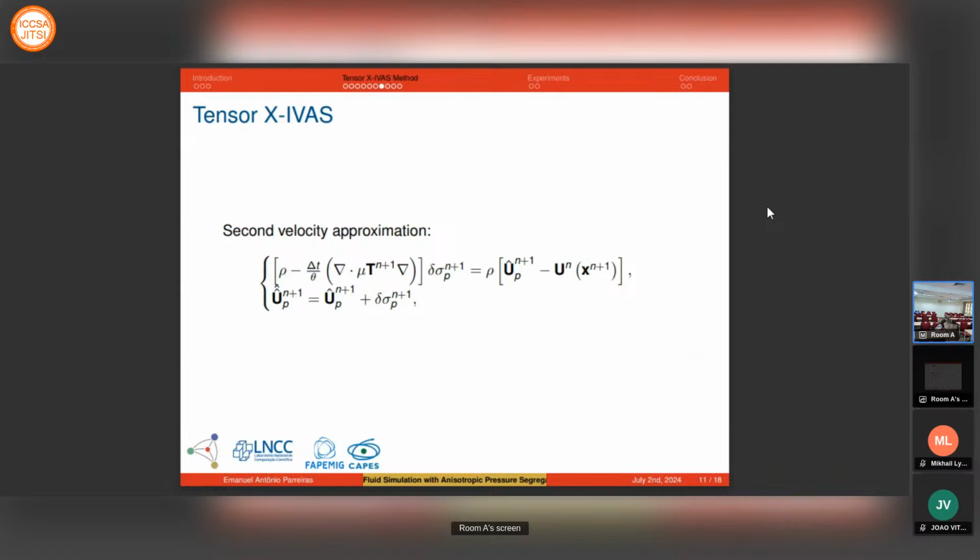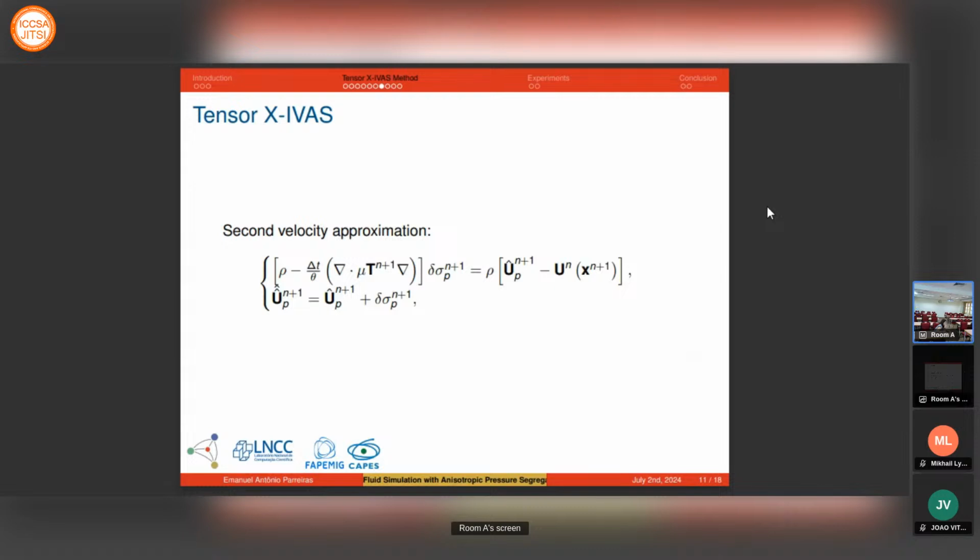And the second velocity approximation we reach through the viscosity form. So we can calculate delta sigma, with u hat^(n+1) as the unknown, and the position x we already have.